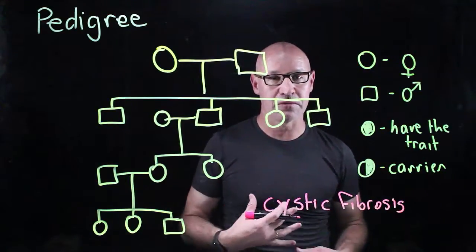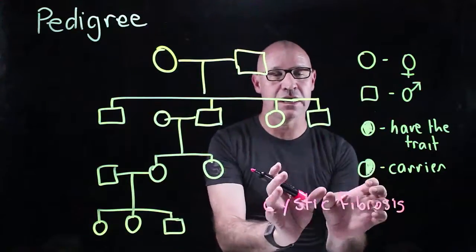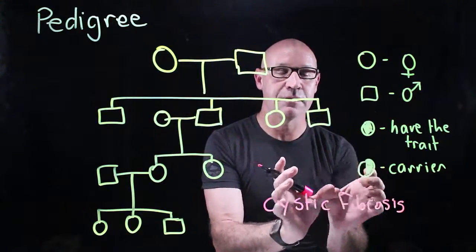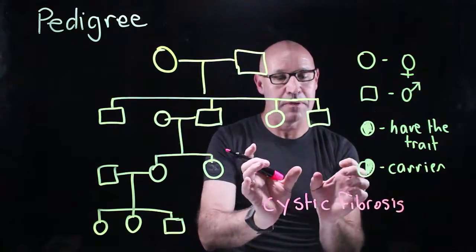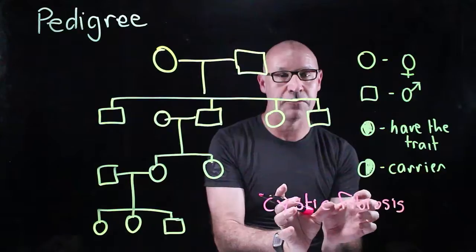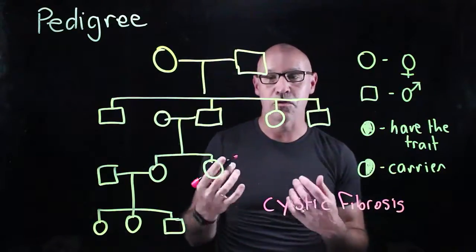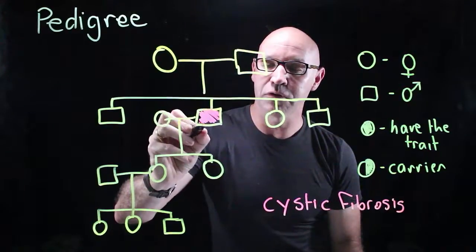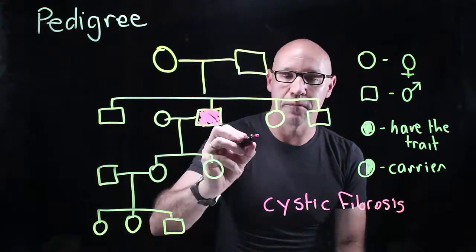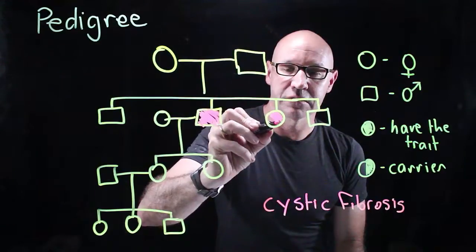They also have some problems in their digestive system as well. And look, it's another life-limiting condition. The treatment's got much better, but people generally do have a shortened lifespan. Okay, so it's autosomal recessive. I'm going to go ahead and colour in the people who actually suffer from cystic fibrosis.